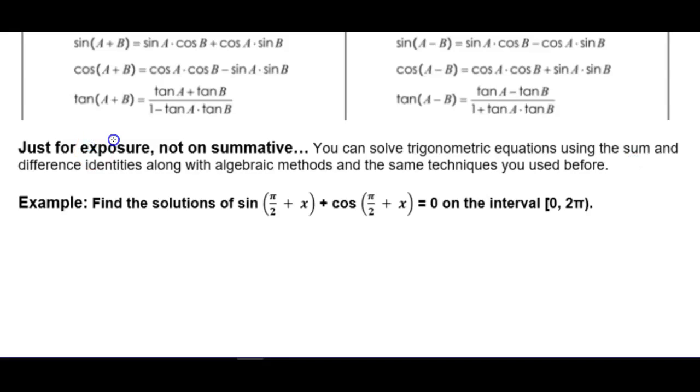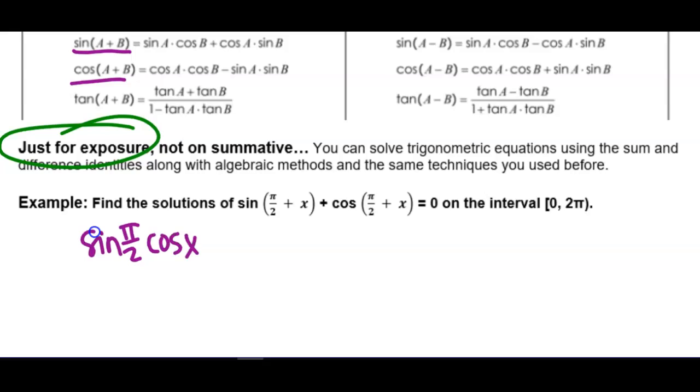All right, this is just for exposure as well. Please don't fast forward through this because I want to show you, but these are equation solvings, but you would use these values up here. Okay, so we're using this one and then this one because we have the sine with an add and a cosine with an add. So I'm going to expand all this out using the first one. Sine pi over 2 cosine of x plus cosine pi over 2 sine of x. And then I'll switch colors here.